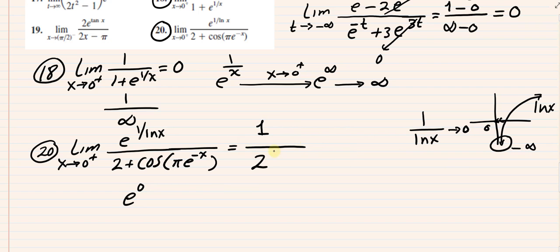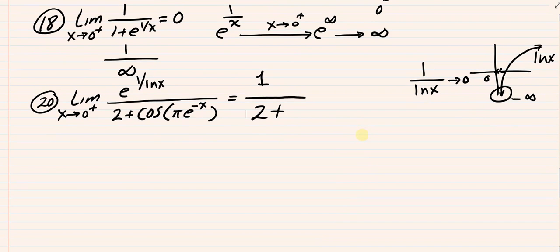And the denominator is going to be 2 plus e to 0, which approaches 1. Remember, we approach 1, we're not quite at 1, but e to something that approaches 0 approaches 1. Now, let's take a look at the cosine.